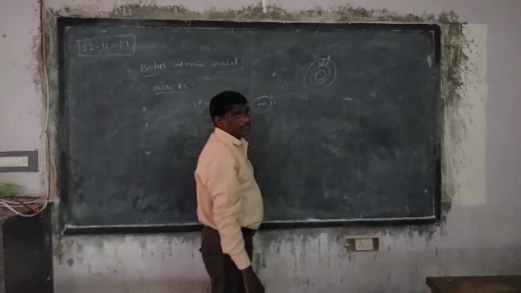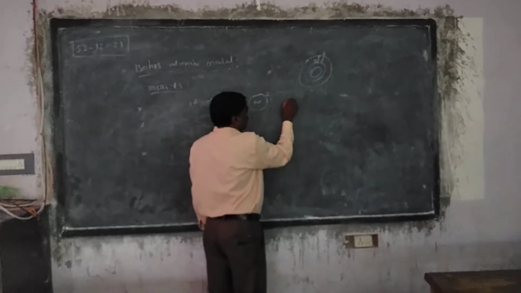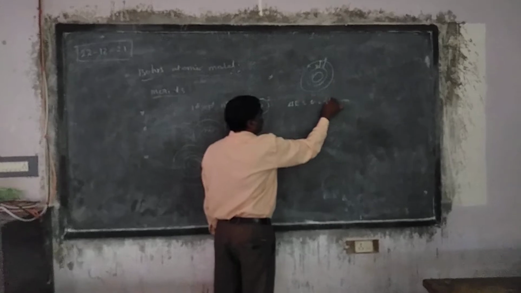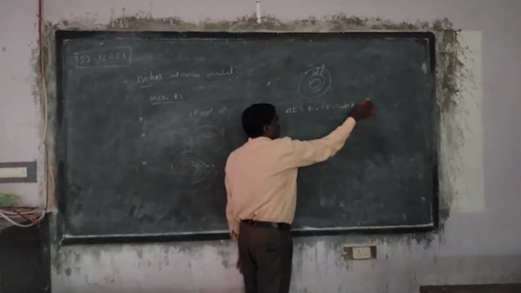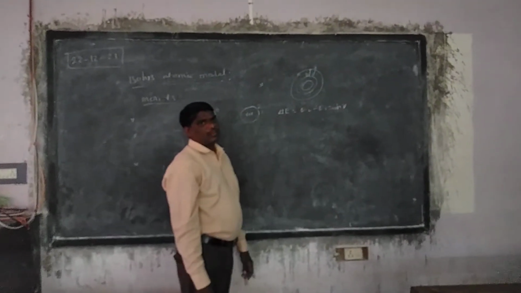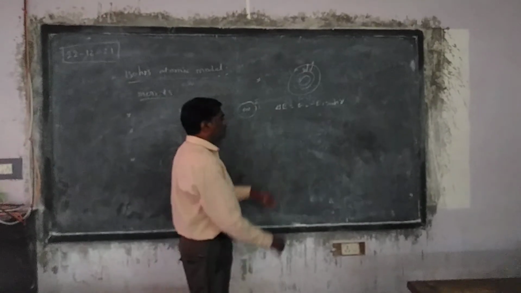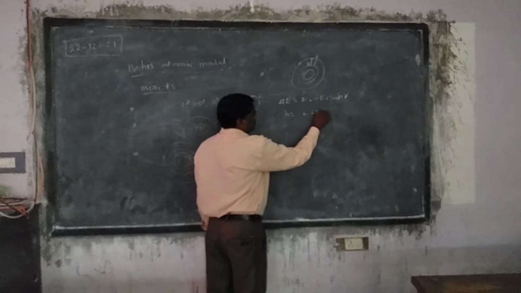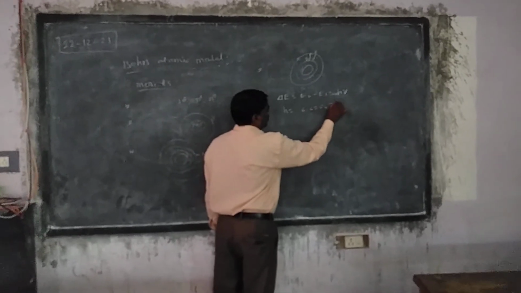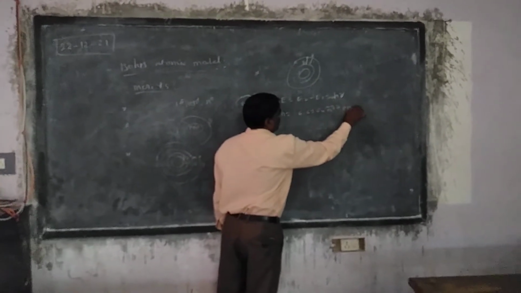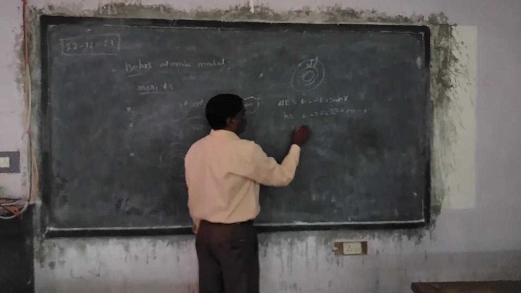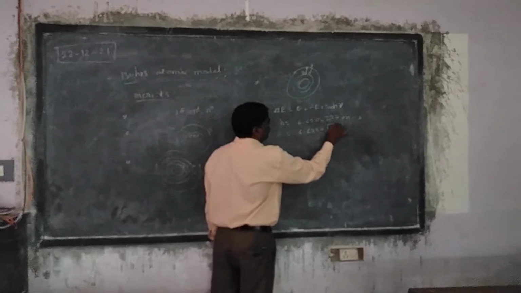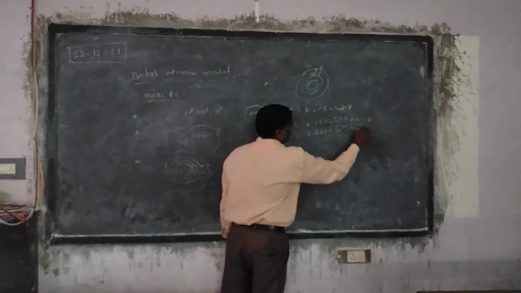So the energy change is delta E equals E2 minus E1 equals h nu. Here h means the Planck constant, 6.626 into 10 to the power of minus 27 erg second, or 6.626 into 10 to the power of minus 34 joule second.